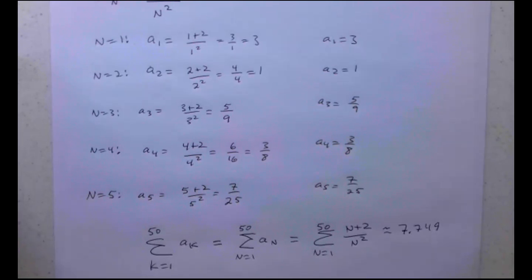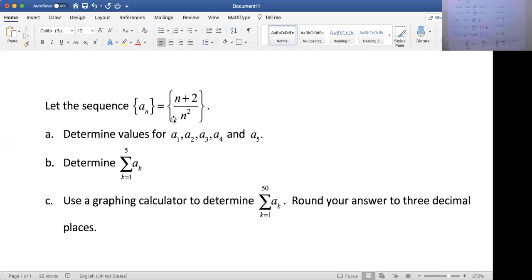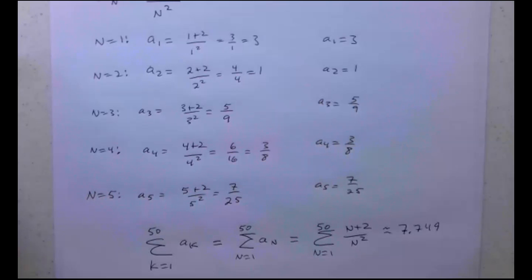And we were supposed to round how many places? Does it say 3 decimal places? So indeed, our 7.749 looks like what we are asking for. So the calculator is very helpful to evaluate large sums like this.